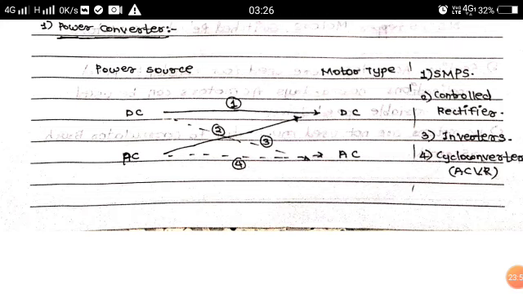Now a DC supply can be given to an AC motor as well as a DC motor by suitable conversion. AC supply also can be given to both types of motors, but accordingly we have to use the converter type. So first, number one, is when a DC source is available and a DC motor is available. In that case both are DC, so SMPS or DC to DC converters can be used.